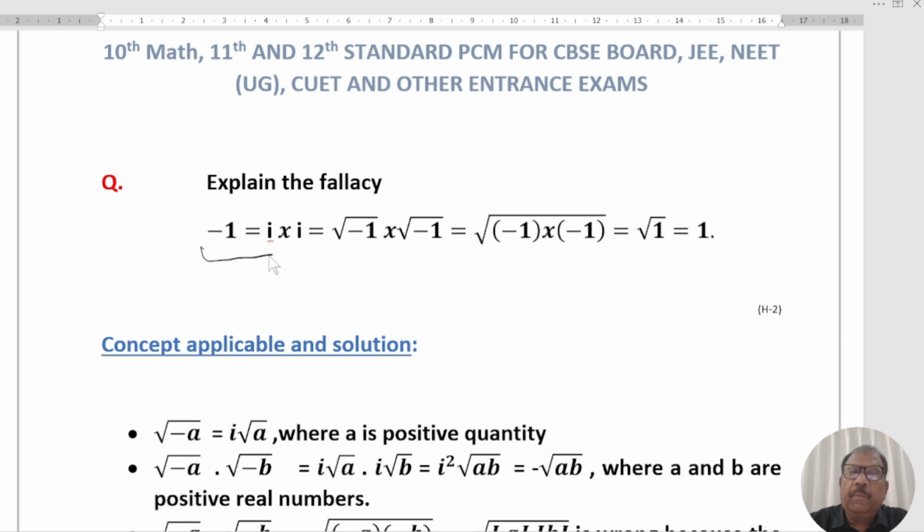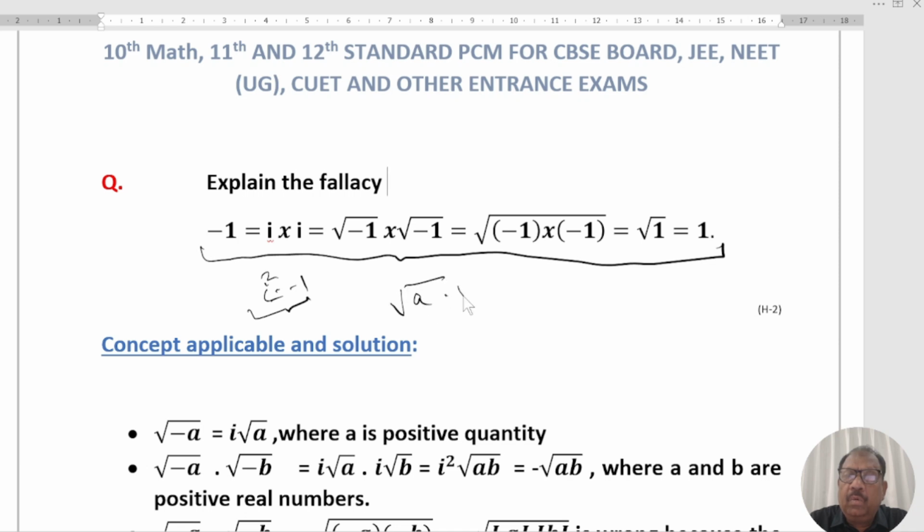Next question. Explain the fallacy. Is this statement correct or wrong? Now, iota into iota square, that is minus 1. And under root a into under root b equals under root ab only if a and b are not both negative.